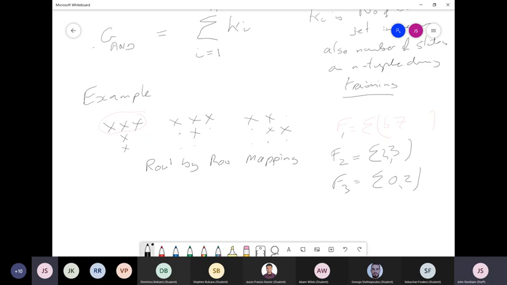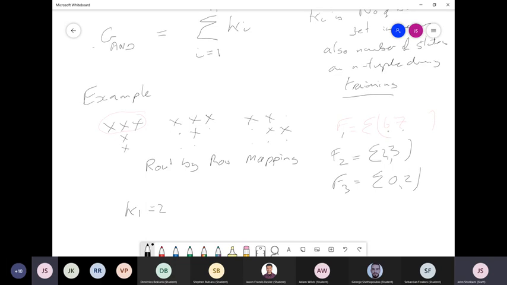Right. That means K1, the number of bits set in the first function, or the number of terms in the logic function, or the number of states on the interval, they are all the same, is going to be equal to 2.